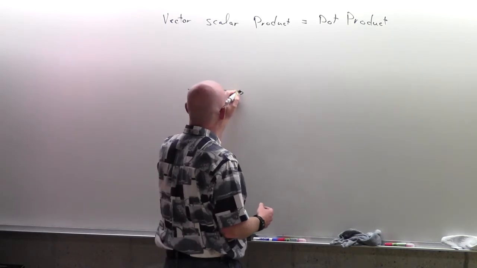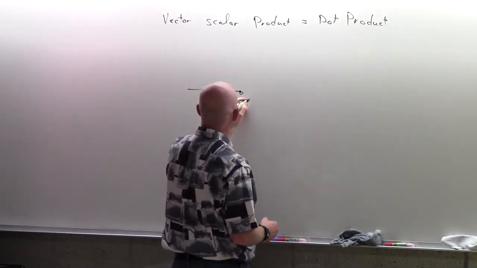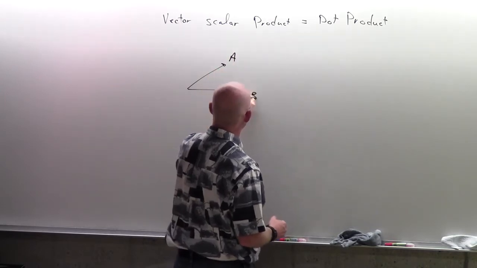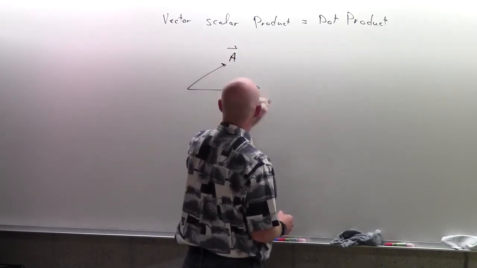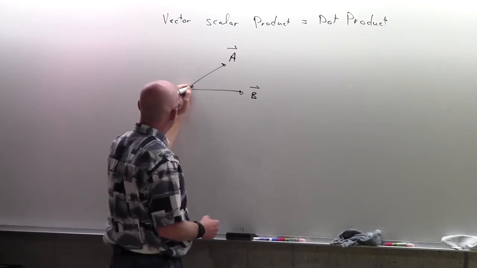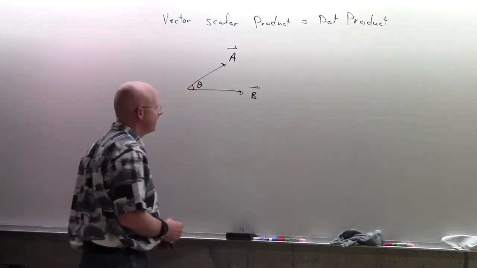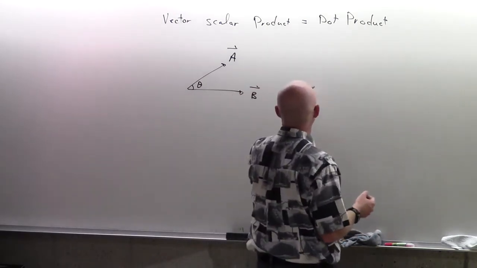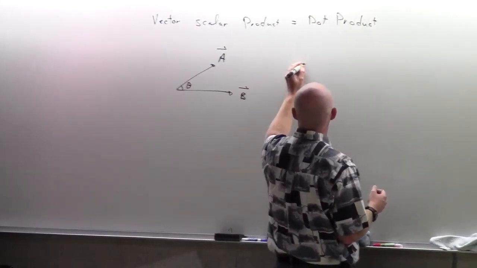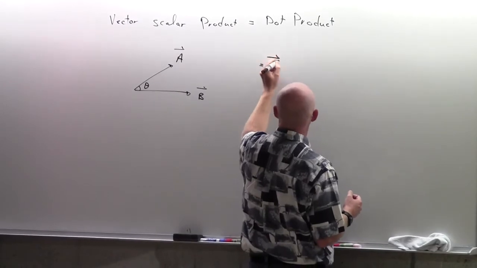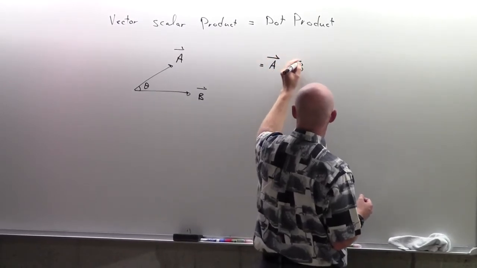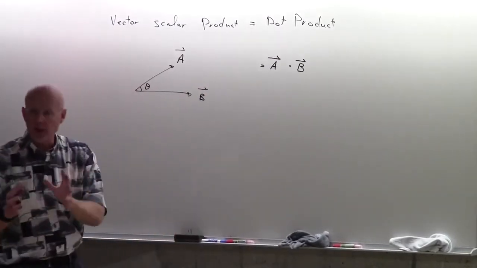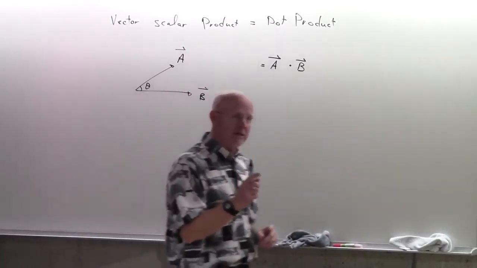math class. You may have done something like this: if you take two vectors, let's say this is vector A and this is vector B, and they have some angle between them, the dot product is defined this way, that you take vector A and dot it, or multiply it, by vector B. And maybe now's a good time to pause and remind you, remember what we did in chapter 3.